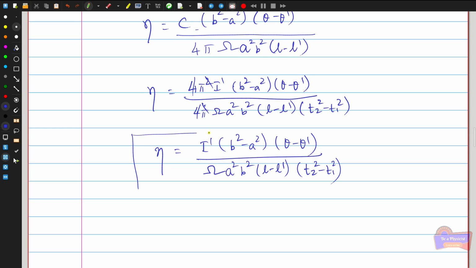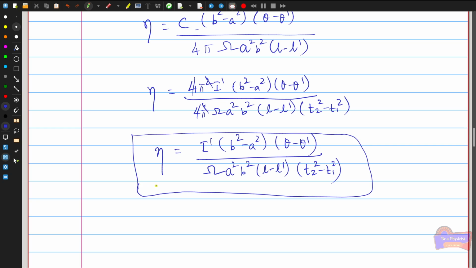So this is the expression to find the coefficient of viscosity, and I prime is the moment of inertia of the known disc. All the other values we can calculate from the experiment, and then you can find the coefficient of viscosity eta.